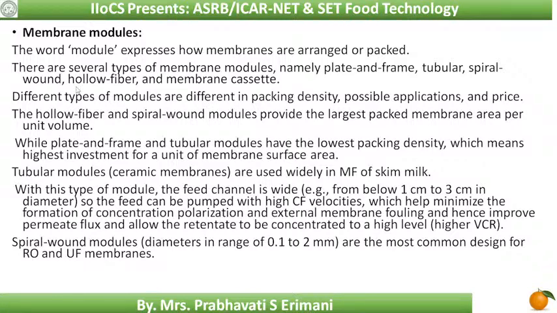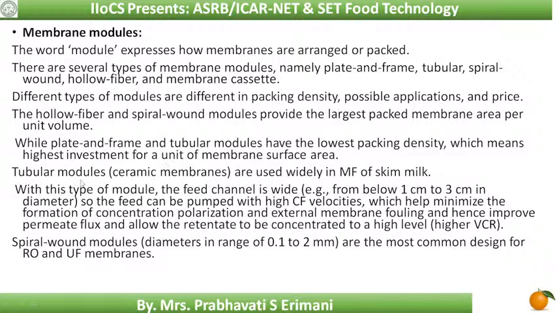Different types of modules differ in packing density, possible application and price also. Hollow fiber and spiral wound modules provide the largest packed membrane area per unit volume, while plate and frame and tubular modules have the lowest packing density, which means the highest investment per unit membrane surface area, and tubular modules use ceramic membranes.